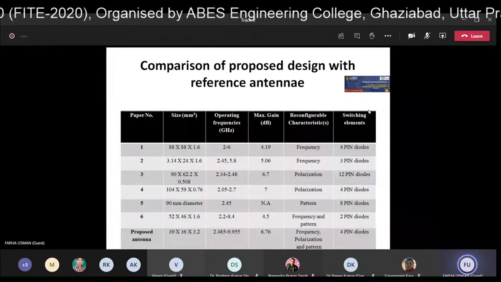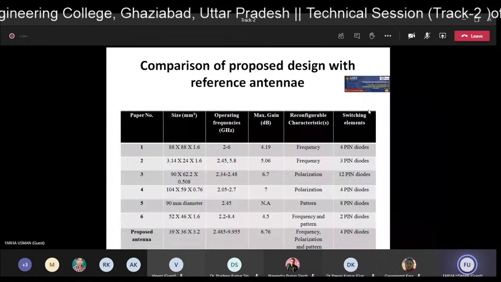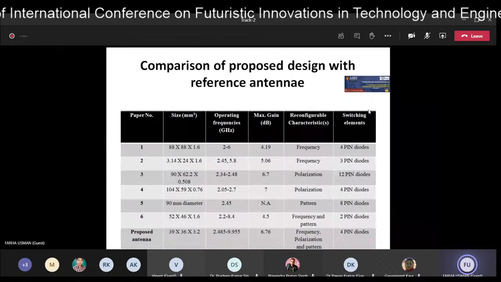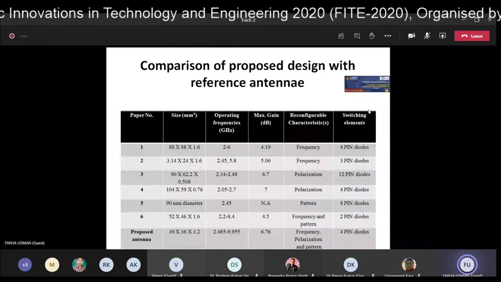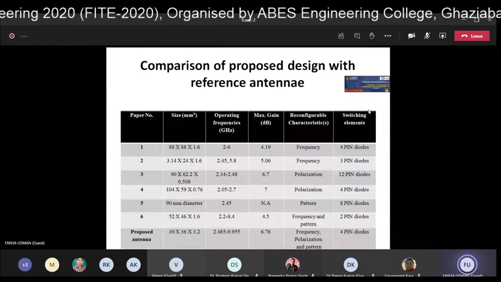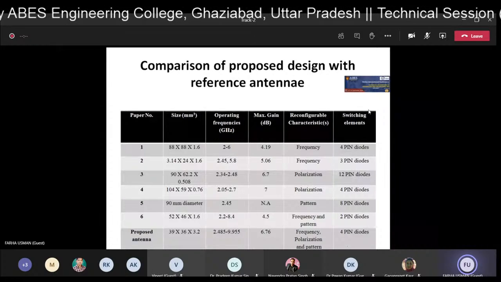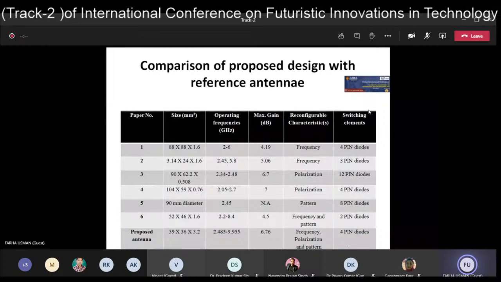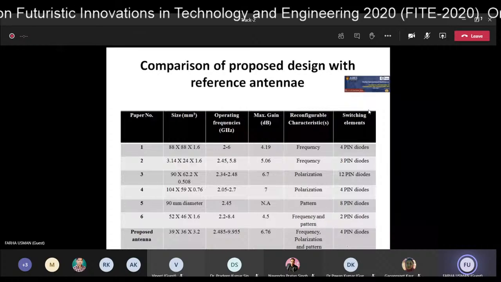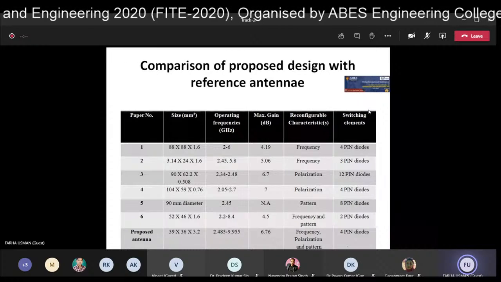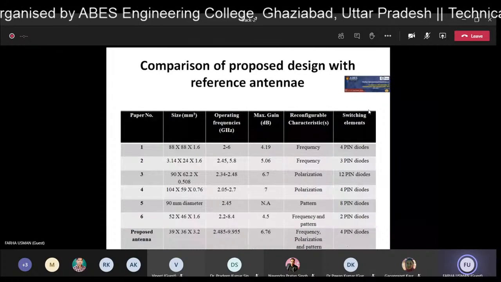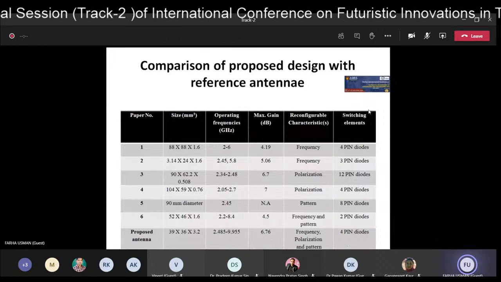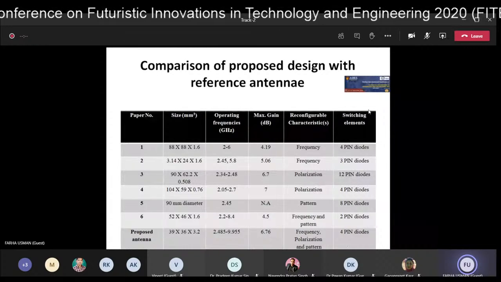The operating frequencies were 2.34 to 2.48 gigahertz for antenna 3, and antenna 4 was operating at frequencies from 2.05 gigahertz to 2.7 gigahertz. The antenna size for antenna 3 was 90 millimeter into 62.2 millimeter by 0.508, whereas antenna 4 was having dimensions as 104 by 59 by 0.76 millimeters.